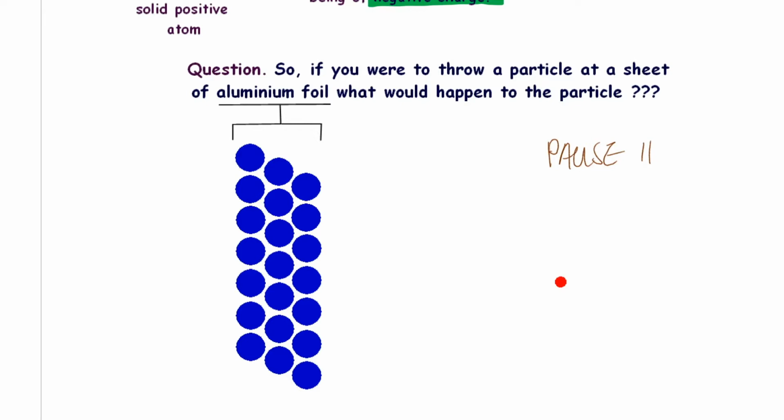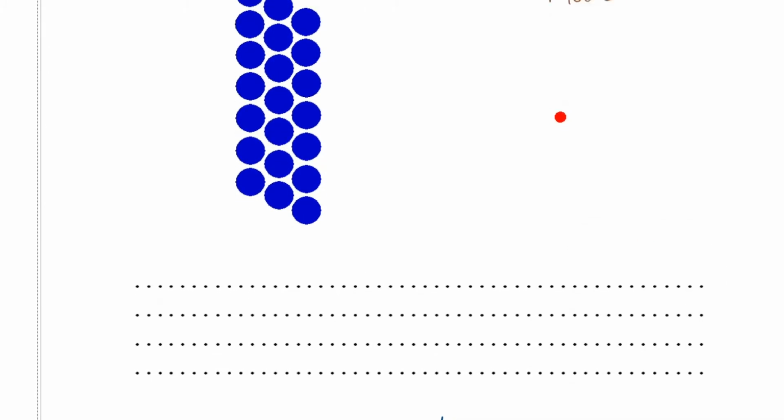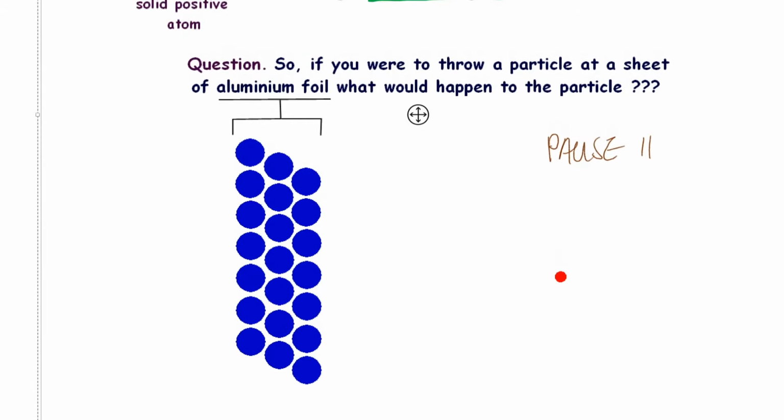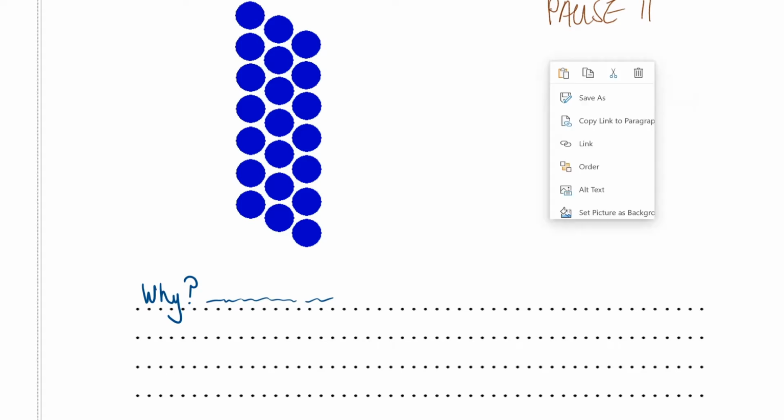Okay, so that was a chance for you to think about what you think will happen. And underneath the diagram, just write down why you think that's going to happen, and then pause the video again now.